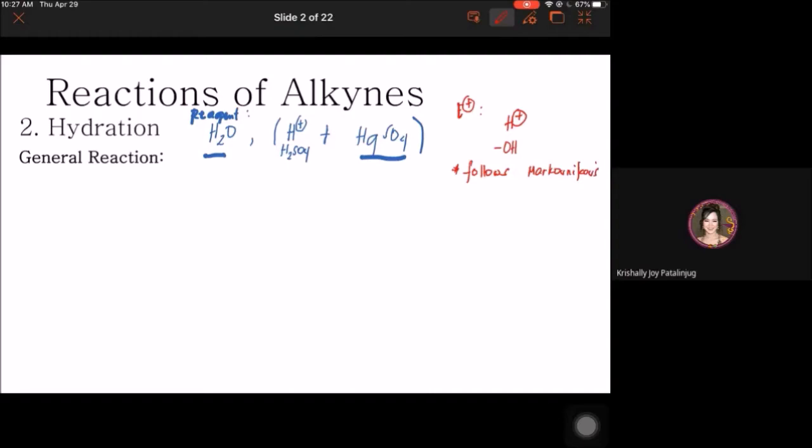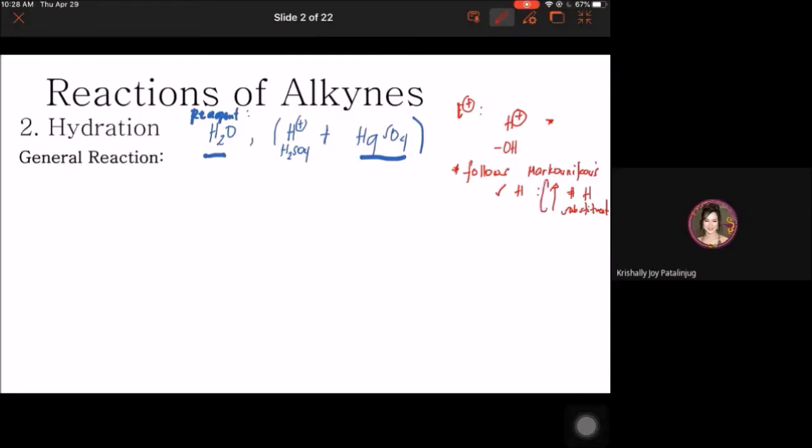Life hack in order for you to easily recall Markovnikov's rule: the hydrogen will always be added to the carbon with the greater number of hydrogen substituents.